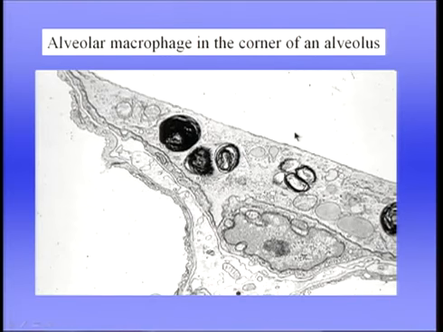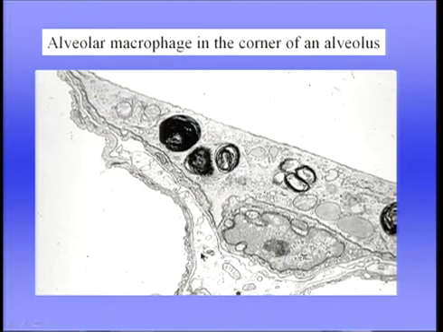Initially, you may have a hard time working out what you are looking at, but here is the macrophage. This cell is the macrophage. Here is its nucleus. Here's the cytoplasm. And in the cytoplasm, you can see that it's engulfed various bits and pieces. Here's the wall of the alveolus, running along here, and then another wall going downwards here.